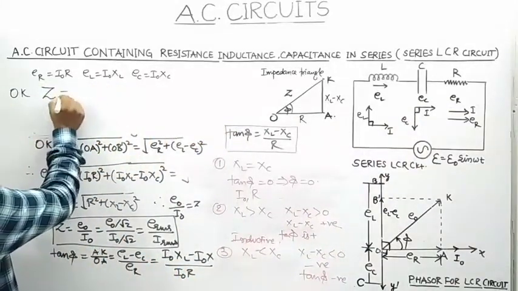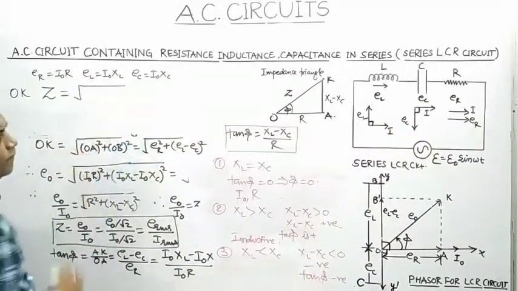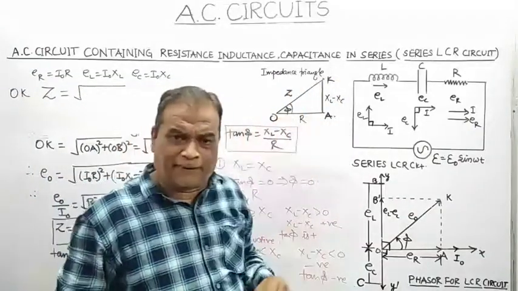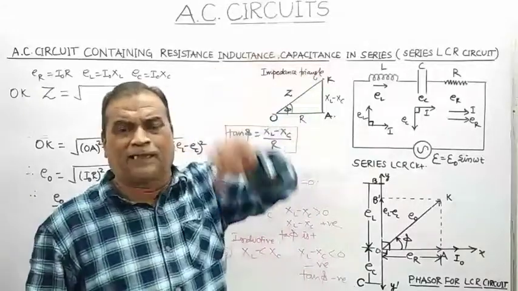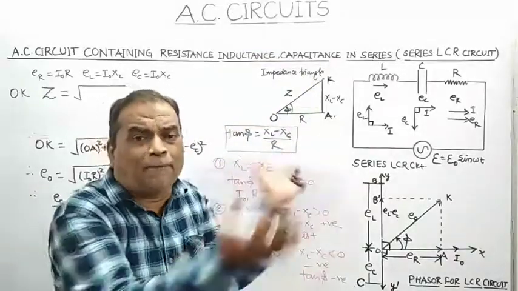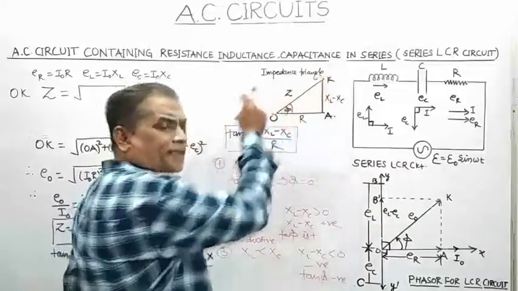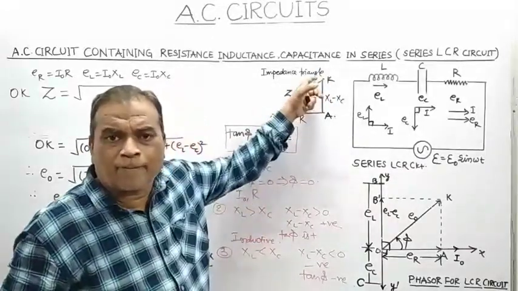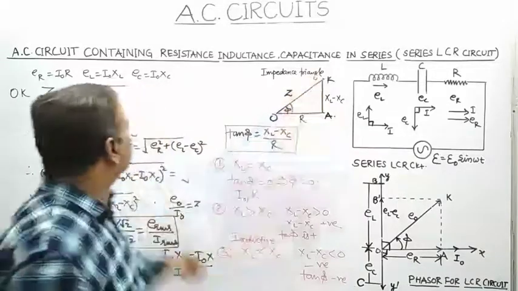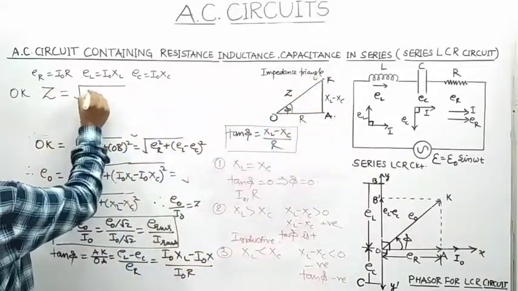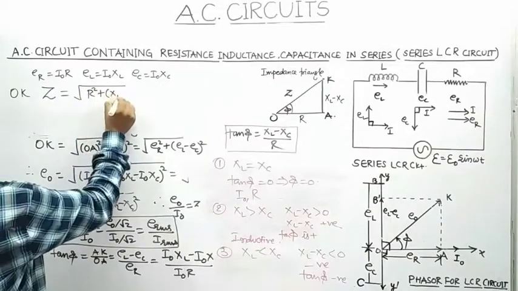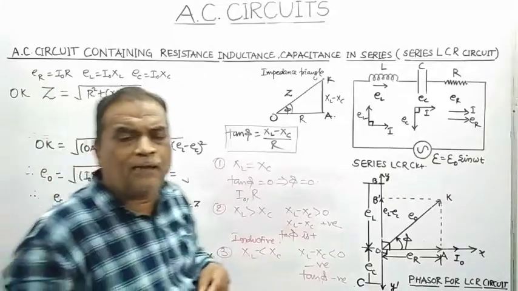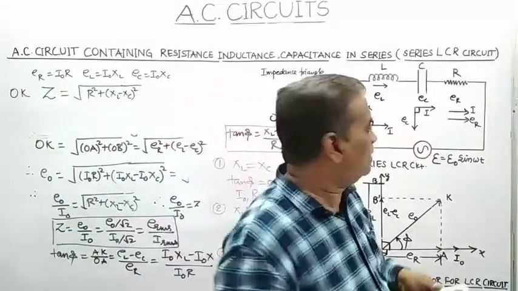This is a triangle: base represents ohmic resistance, height represents reactance, and the combined opposition is known as impedance, given by the hypotenuse. So Z is equal to under root of R square plus XL minus XC whole square.